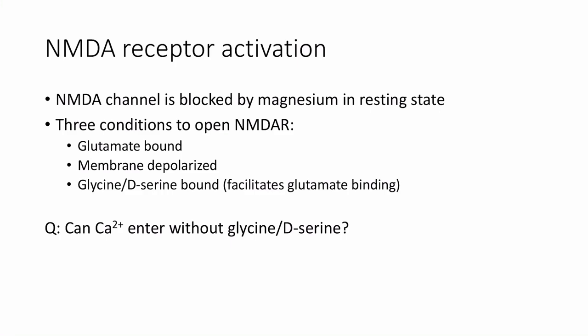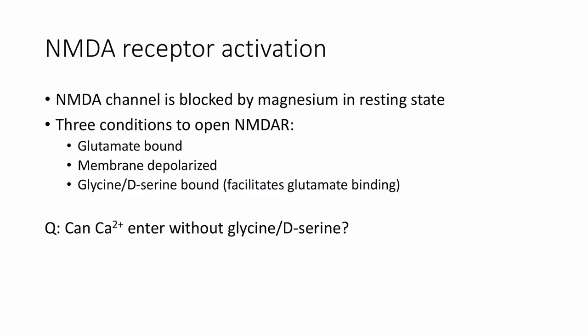The answer is, calcium influx through NMDA receptors becomes less likely, but is not entirely impossible. Glycine or D-serine is a coactivator of the receptor. When glycine or D-serine binds to its own site on the NMDA receptor, it enhances the affinity and binding strength of glutamate. This increases the chances of glutamate binding and initiating the activation process.